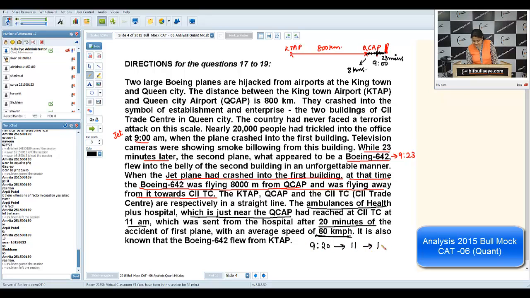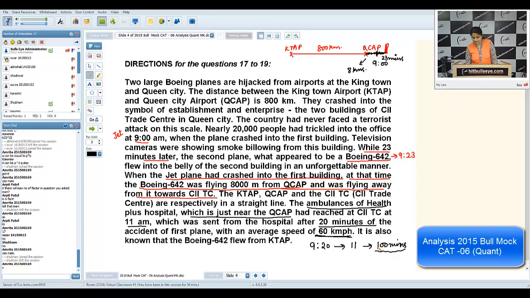It means the ambulance is taking in total 100 minutes. Are you getting me, Amrita? And in 100 minutes, it is moving with a speed of 60 km per hour. In 100 minutes, it means it will cover 100 kilometers. It means the distance between the destination and the airport will be 100 kilometers.